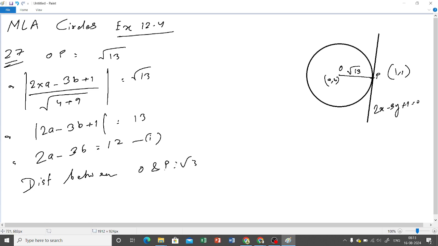Root over 13, or a minus 1 whole square. This is from the distance: root over a minus 1 whole square plus b minus 1 whole square is equals to root 13.